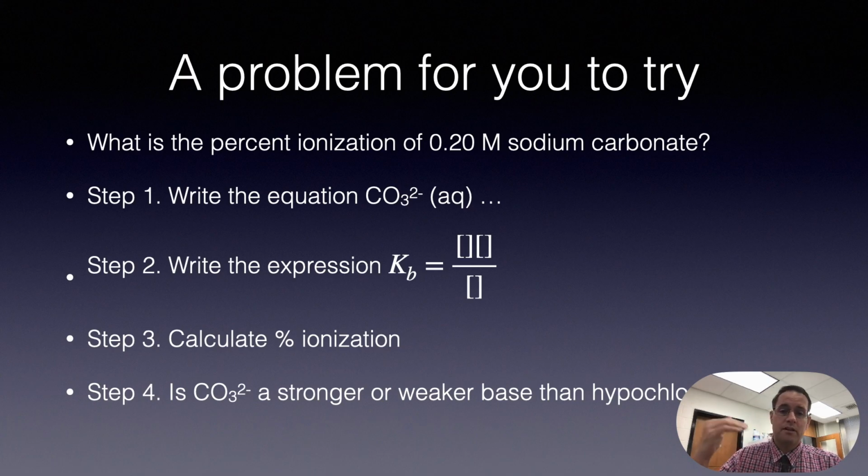Okay, remember it's products over reactants. Step 3 is to set up an ICE table and calculate the percent ionization. And step 4 here is just to answer the question, is carbonate a stronger or weaker base than hypochlorite? Okay. If something has a greater percent ionization, then it's going to be a stronger base.